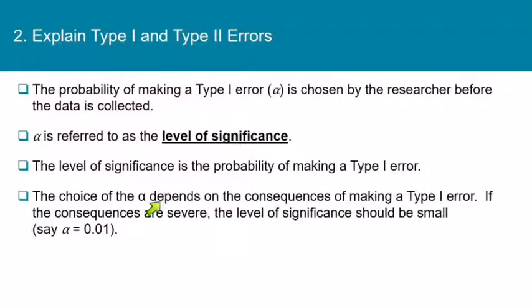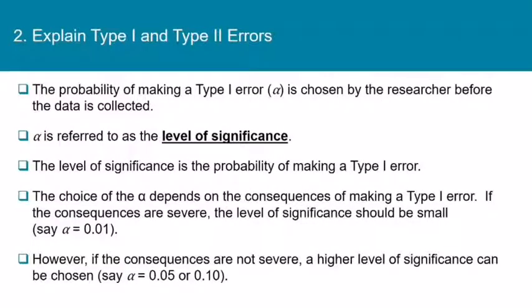The choice of alpha depends on the consequences of making a type 1 error. If the consequences of making a type 1 error are severe, then the level of significance should be small. That is, we want to minimize the probability of making a type 1 error if the consequences of making a type 1 error could cost someone their life, for example.